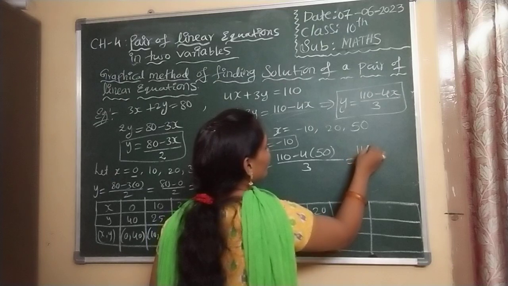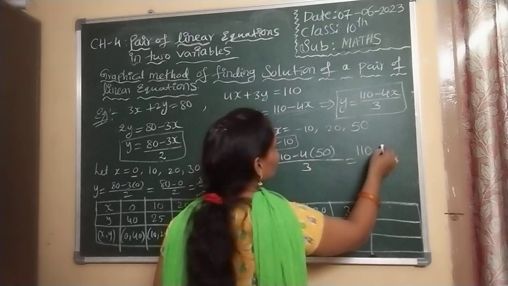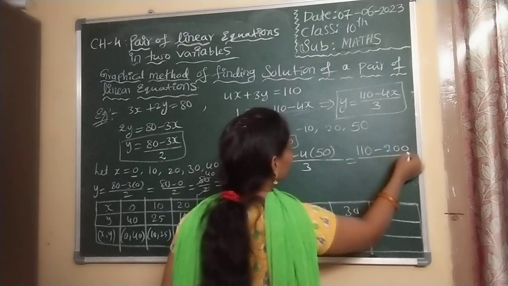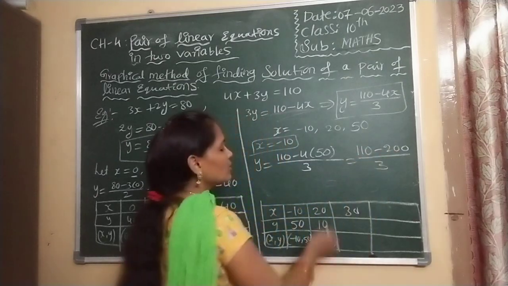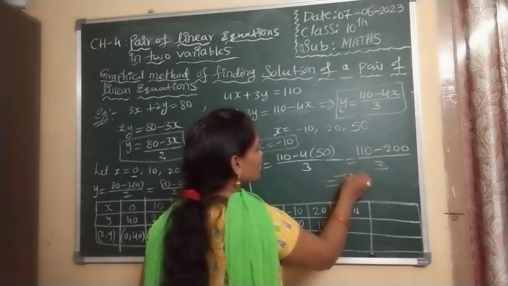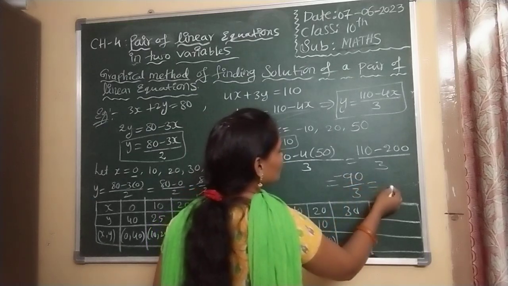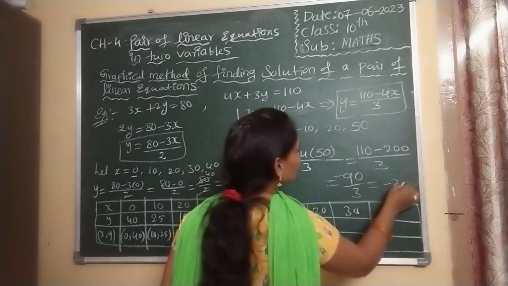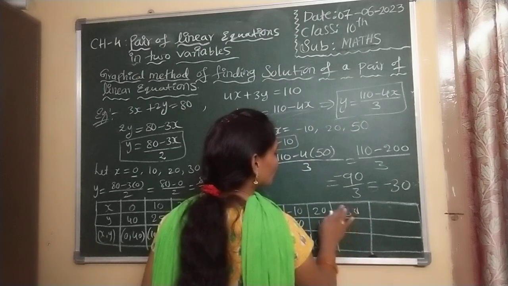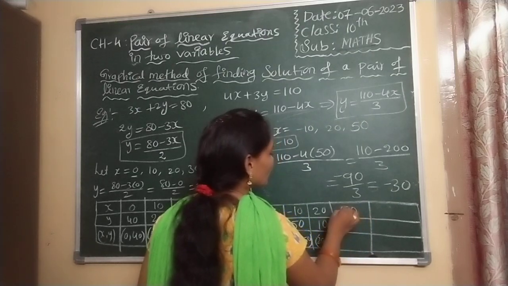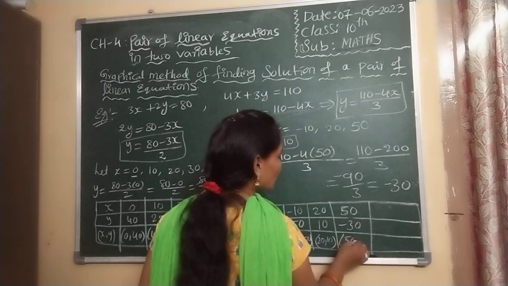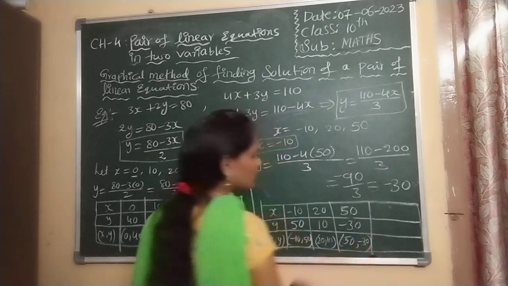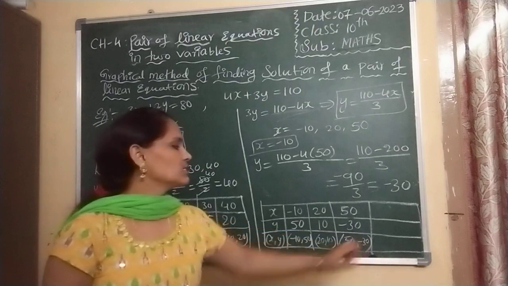Here 110 minus 4 fives are 20, 200 by 3. Here 110 minus 200 means minus 90. Minus 90 by 3. 3 threes are 9. So minus 30 it will be. So if you take 50, y will be minus 30. So 50 comma minus 30.